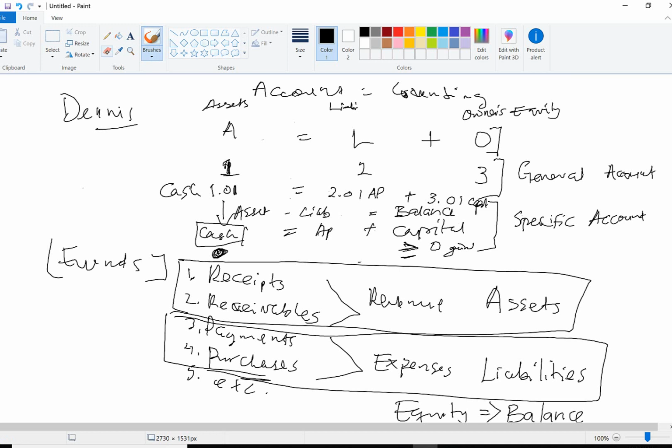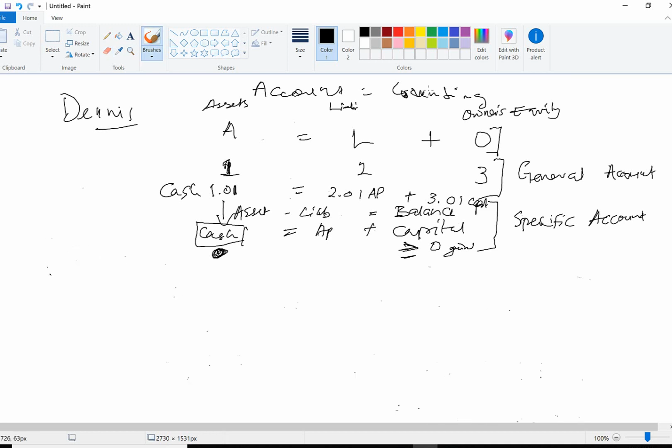Also, this counting, I'll add this balances. So now, this is the balance sheet.